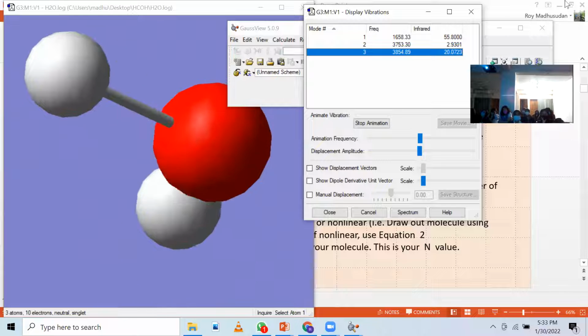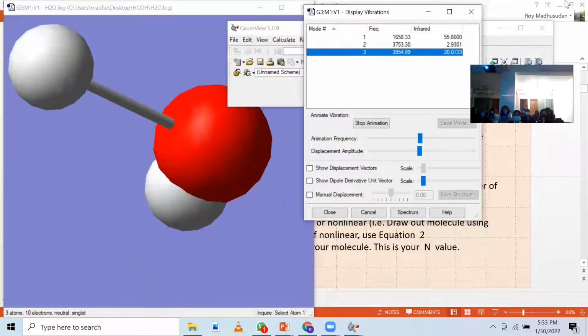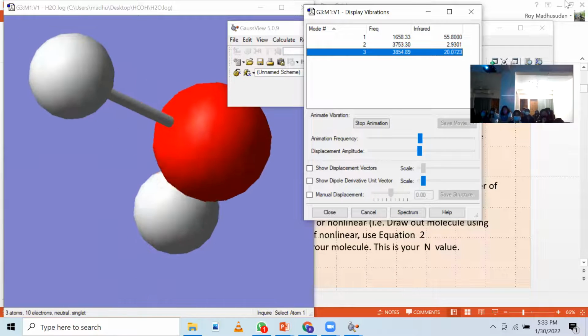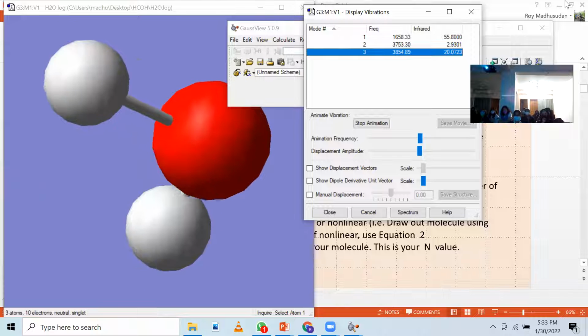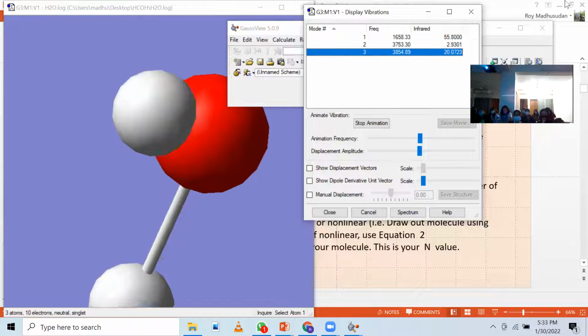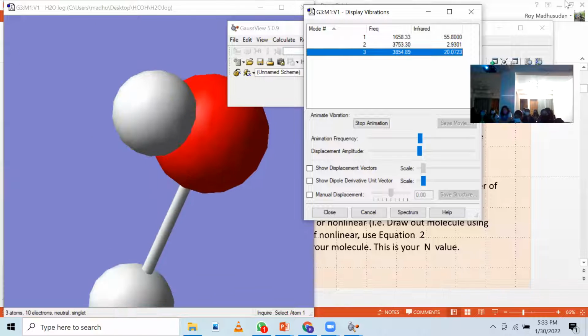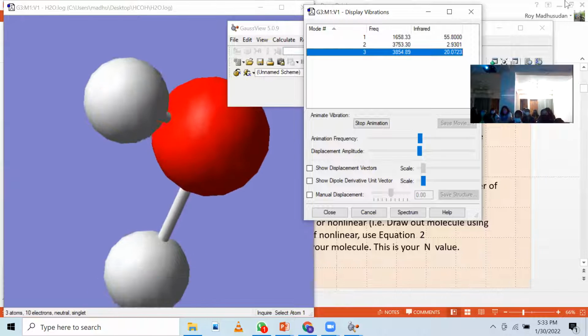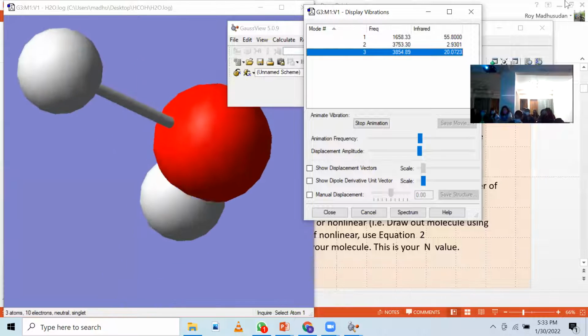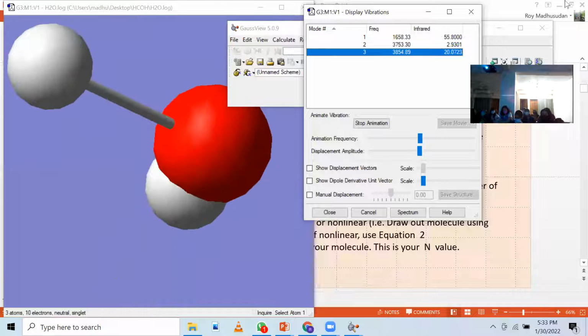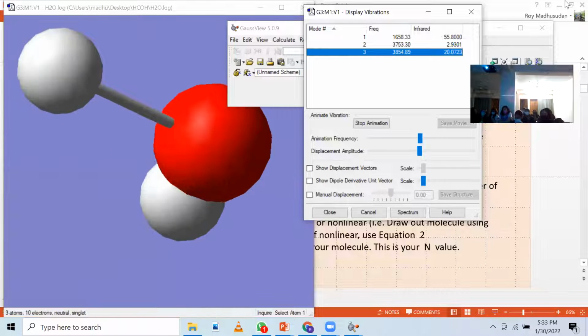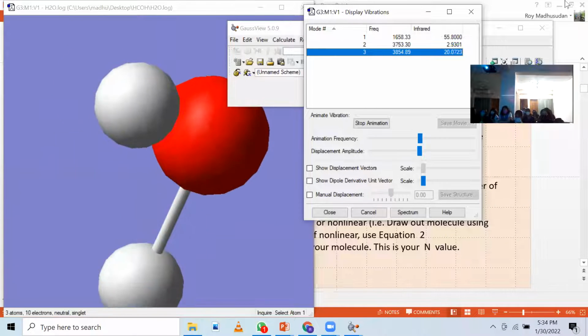But if the shared electrons are not equally shared, that means this oxygen has the tendency to pull the electron towards itself more compared to this hydrogen. Because I have mentioned the electronegativity value for oxygen is 3.5, while for hydrogen it is 2.1.